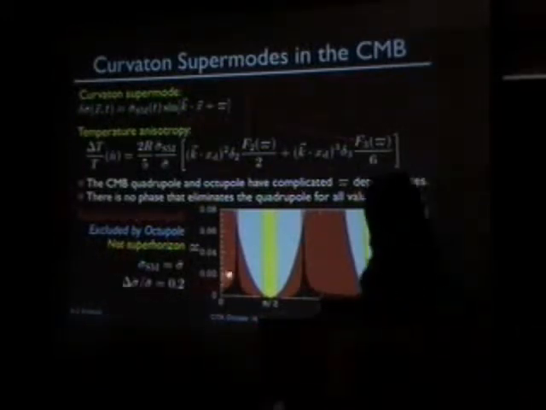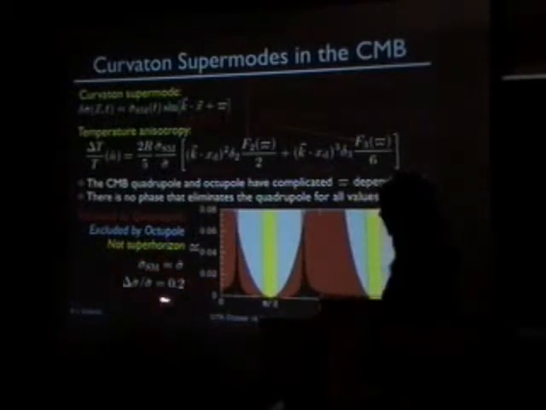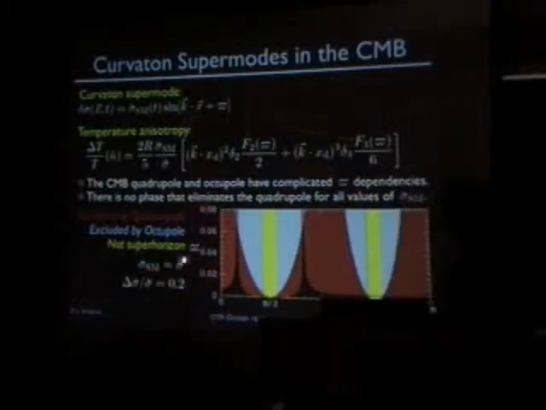I just plotted here, for a fiducial order unity superhorizon perturbation with some realistic value for the asymmetry, for the variation across our observable universe, what is the upper bound on R for different phases? You can see that the red is excluded by the CMB quadrupole.